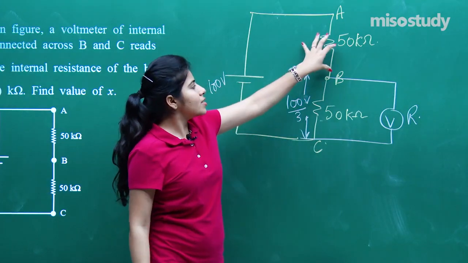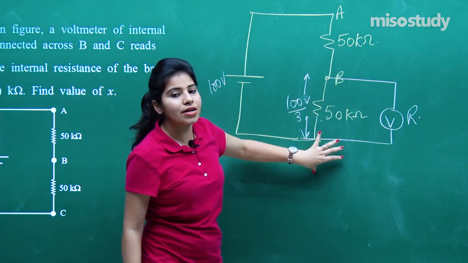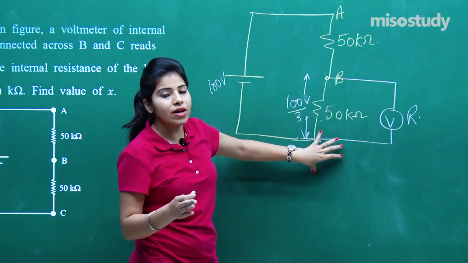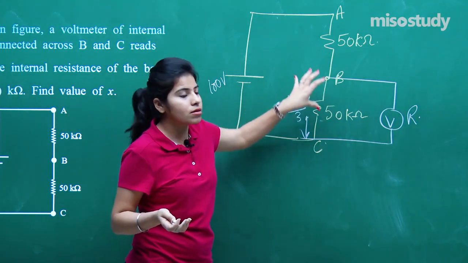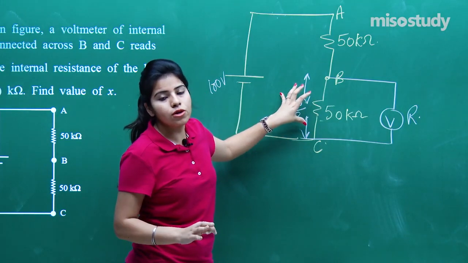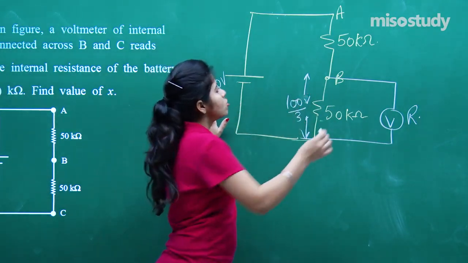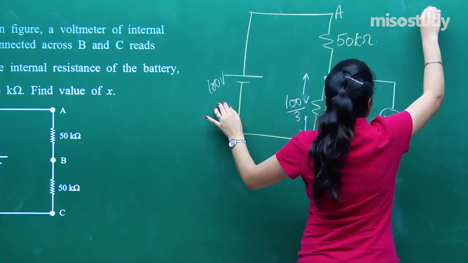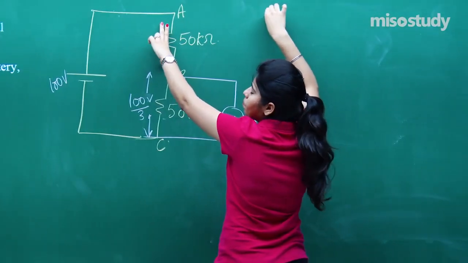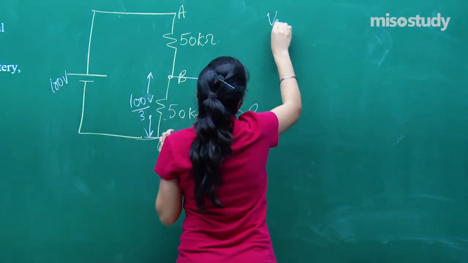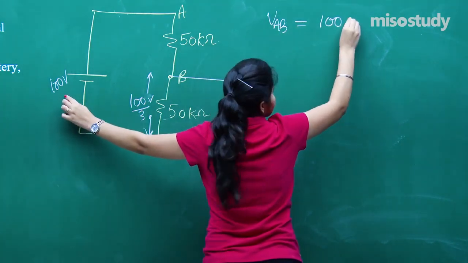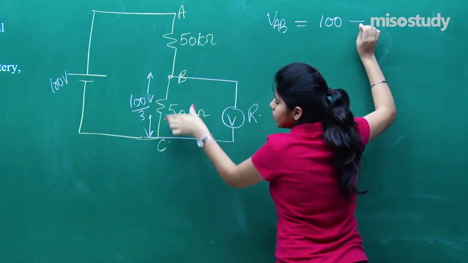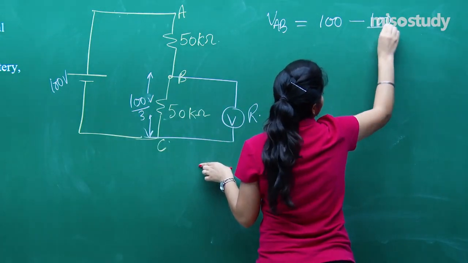Now as you know, in the circuit when two resistors are connected, voltage is divided into two equal ratios, not equal but because the resistors are equal, they are going to be divided in equal ratio. So if I talk about the voltage across AB, that will be 100, that means total voltage minus voltage across B and C, minus 100 by 3.